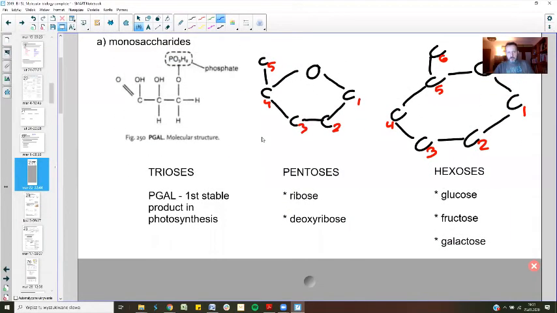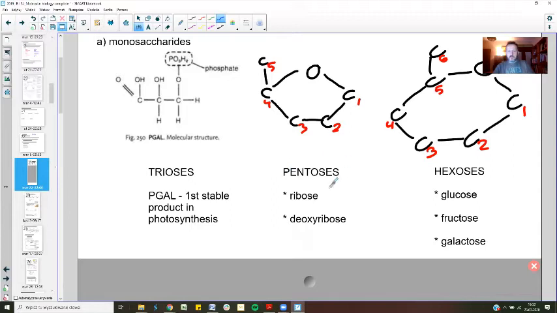What are the examples of these molecules in living organisms? In case of trioses, one of the most famous is phosphoglyceraldehyde. This is the first stable product in photosynthesis. We will meet this molecule when we talk about cellular respiration and photosynthesis, especially photosynthesis. It's a very important component of the Calvin-Benson cycle.